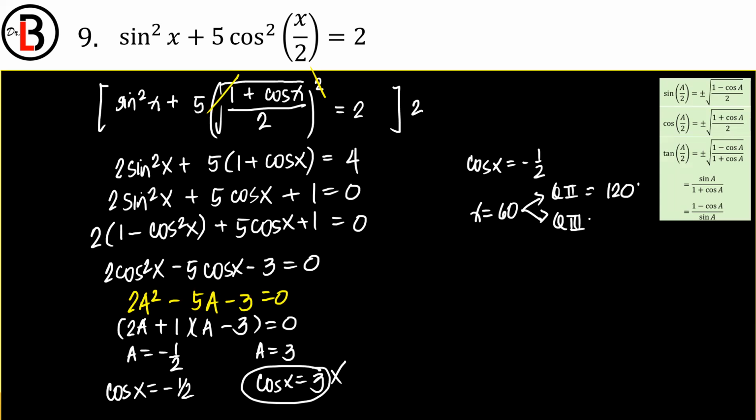What is 60 degrees in quadrant 3? 240 degrees, right? So I can safely say here that my angle would be 120 degrees and 240 degrees. But here, nothing is stated about the domain.